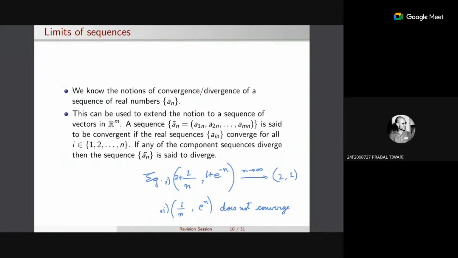So real number sequences have a real number as a limit. A vector sequence will have a vector as a limit, for which each component is given by the limit of the corresponding sequence of the ith component. The ith component of the limit would be the limit of the sequence given by the ith component of each vector in the sequence.